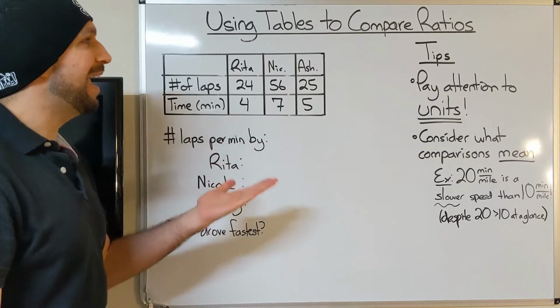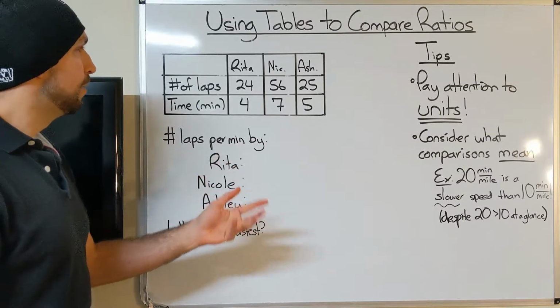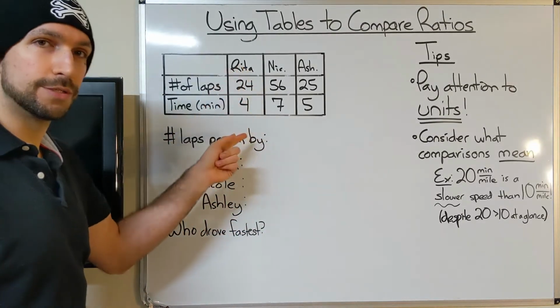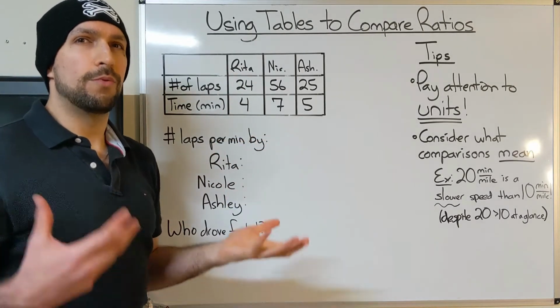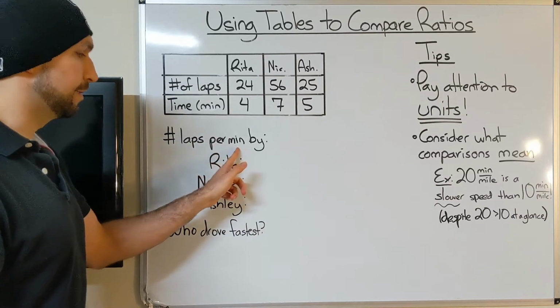Our first tip was to pay attention to units. So, number of laps per minute. Well, we have a bunch of numbers up here. I can certainly see for Rita, I'm going to be using these 2. But the question comes down to, what do I divide by what? Well, we know we have to have laps per minute.